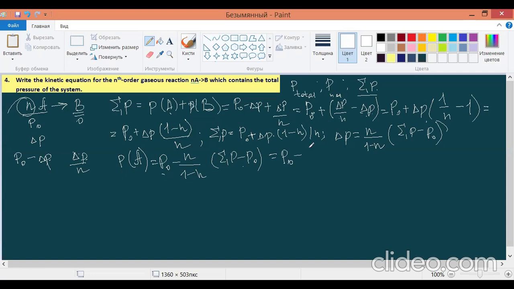So P0 minus n over 1 minus n sigma P, and minus, oh, plus, since two minuses give us plus, n over 1 minus n P0. I see that we got P0 here and P0 here. For that reason, I put these two terms into brackets.